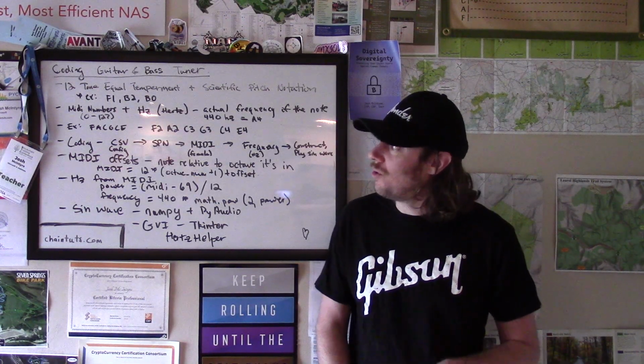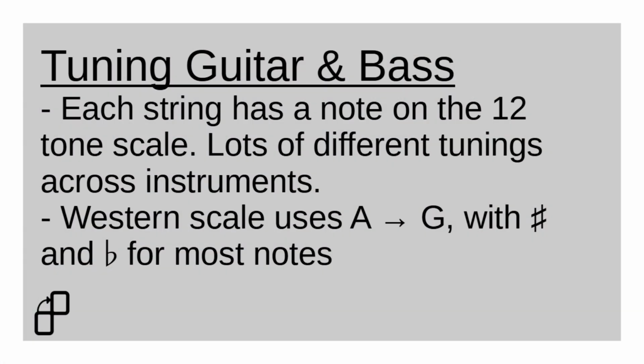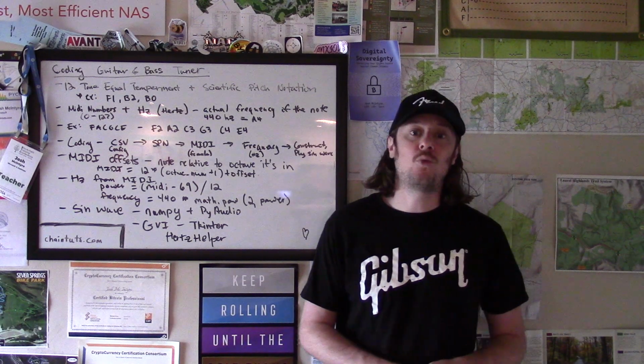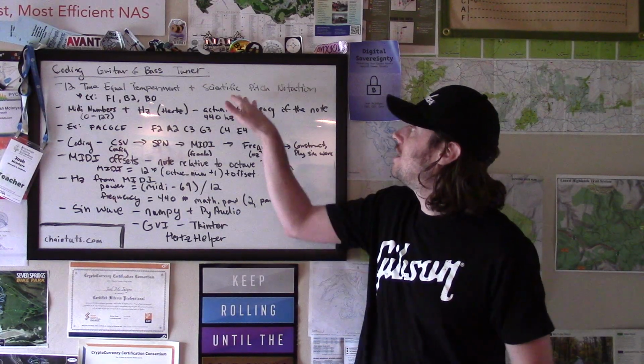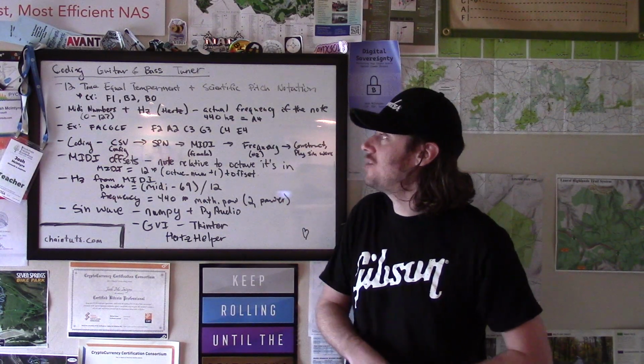So in general, in Western music, we use something called the 12-tone equal temperament scale, or 12-TET. And we also have a handy way to specify which note on the 12-TET scale and which octave or frequency that note is in using something called scientific pitch notation.